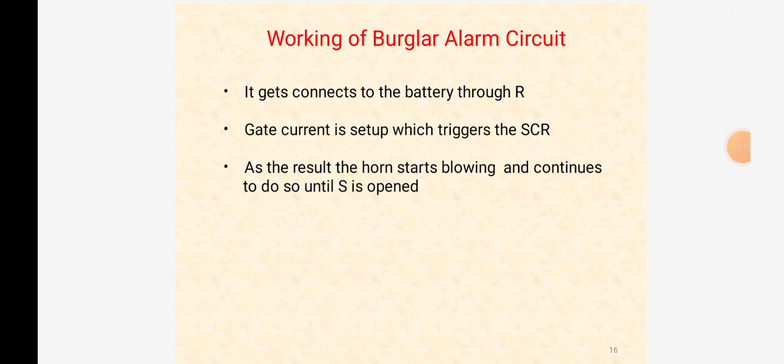It gets connected to the battery through R. Gate current is set up which triggers the SCR. As a result, the horn starts blowing and continues to do so until S is open.